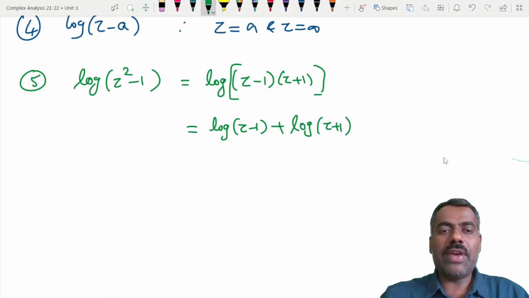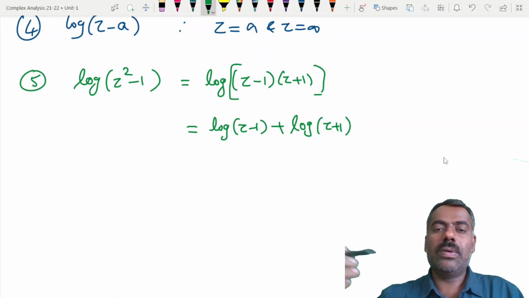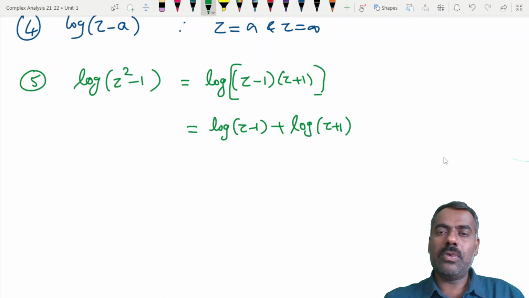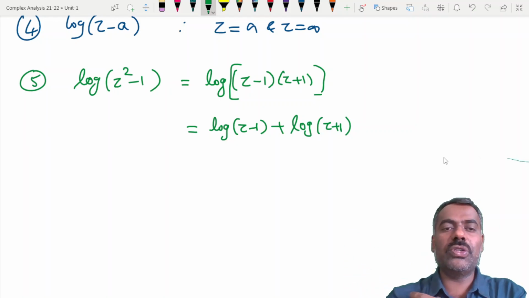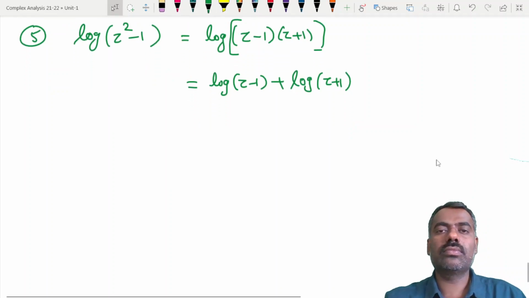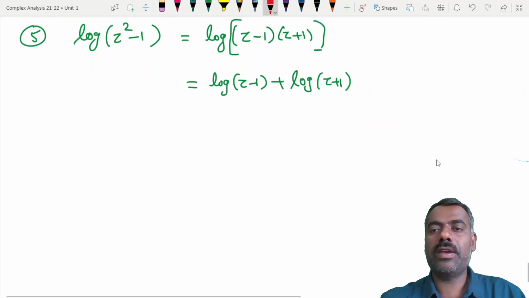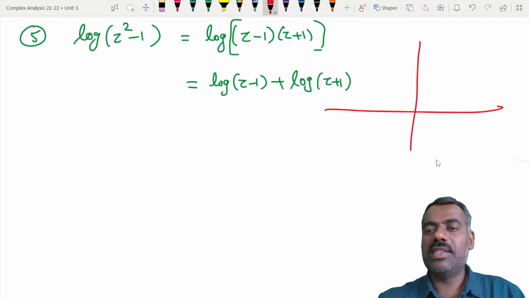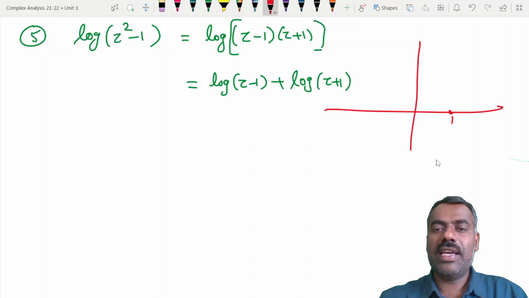That means this value should change when you move along some closed path around some point. So what should be those points? Please guess. Suppose you take z is equal to 1, and you take a closed curve around this.